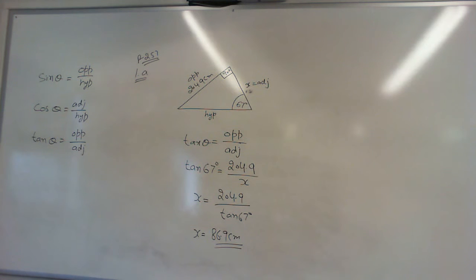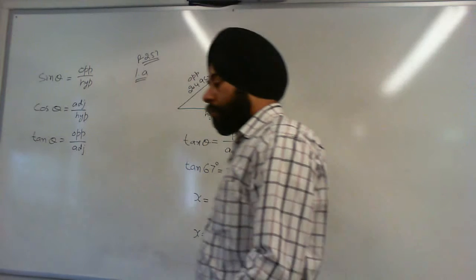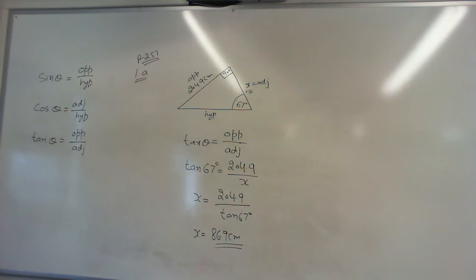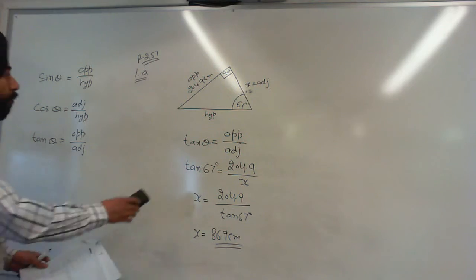Maybe you can write down 4 decimal places: 3558. And then start off with that number 204.9, and then divide by that number. Which is the same as 86.9 centimeters. Okay, let's look at another example, 1b.